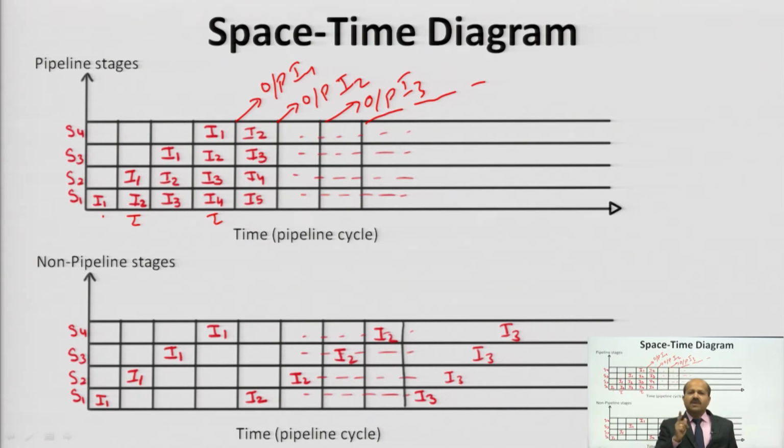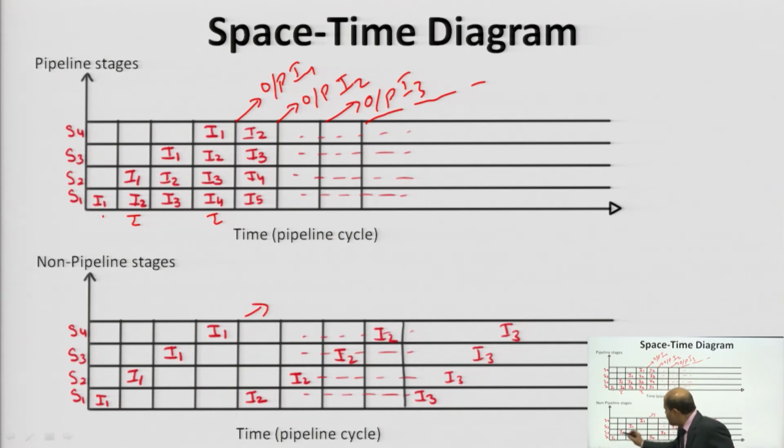So, only in the first case is the pipeline system working as a non-pipeline system. After producing the output of the first instruction, it will produce the corresponding outputs in every clock cycle. What is the difference between pipeline and non-pipeline systems? In a non-pipeline system, it will not execute the next instruction until it produces the first output.